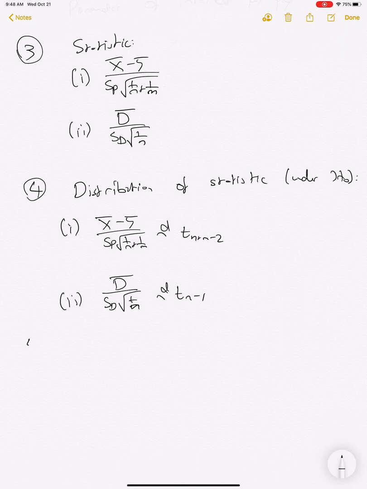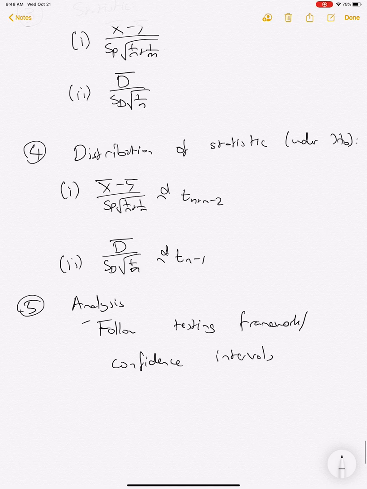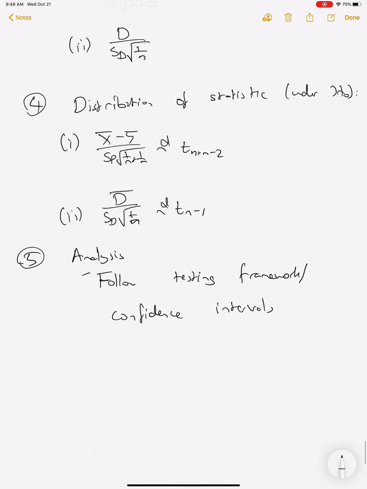Okay, and then 5, for the analysis, we just follow the testing framework or confidence intervals from chapters 8 and 9.